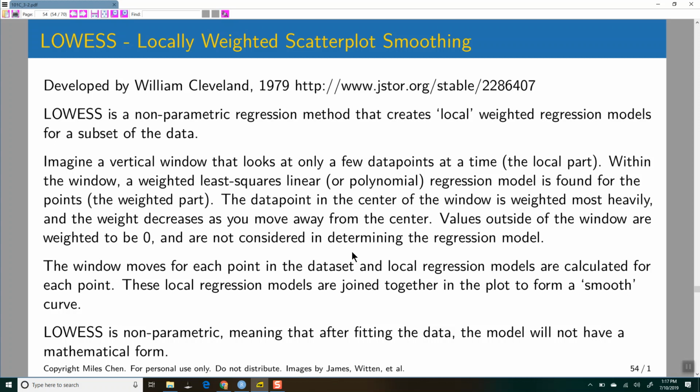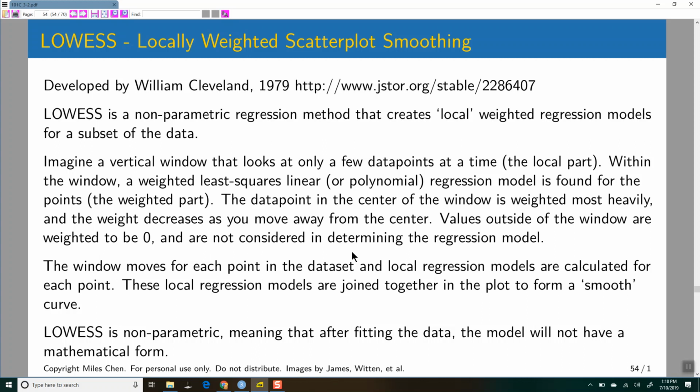Technically it's non-parametric because you don't have a parametric fit. You don't have this nice functional form when you do local regression. Like linear regression, you get this nice functional form: beta 0 plus beta 1 times x1 plus beta 2 times x2 and so on. When you do local regression, you don't get that. You just get predicted values for everywhere.